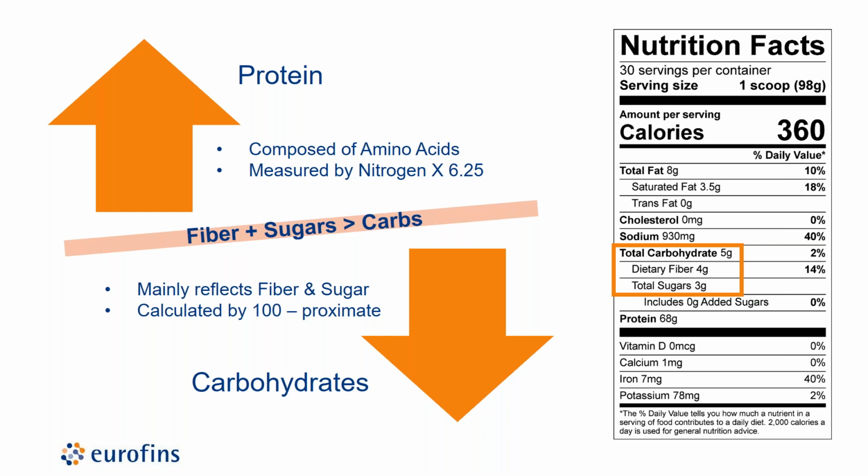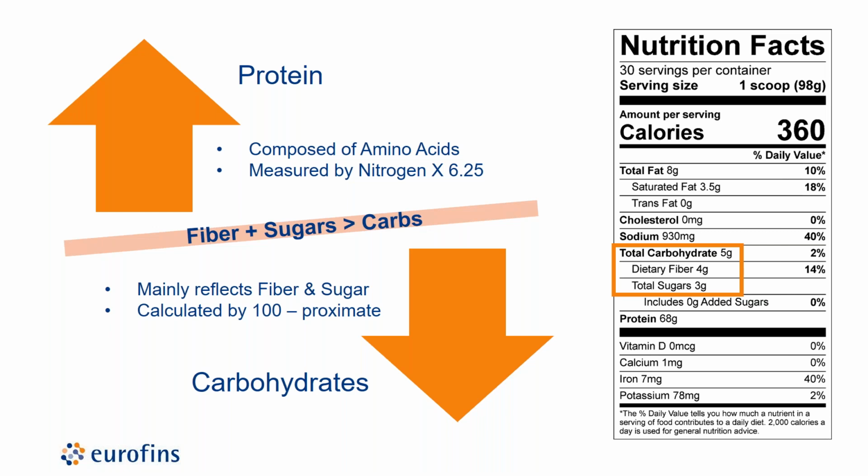We also know that carbohydrates are mainly a reflection of your fiber and sugars, and it's also what is dictated on a nutrition facts panel. The FDA regards those as mandatory nutrients that need to be listed under carbohydrates, and carbohydrates are calculated, not tested, by taking 100 minus your fat, moisture, ash, and protein.